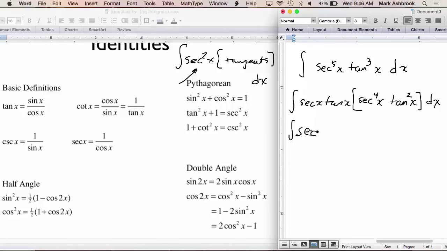How am I going to get everything over there in terms of secant? I've got secant to the fourth, that's fine. So I need to get tangent squared in terms of secant. What is it? Secant squared minus 1. So I can use the same identity, but now I'm solving for tangent squared.